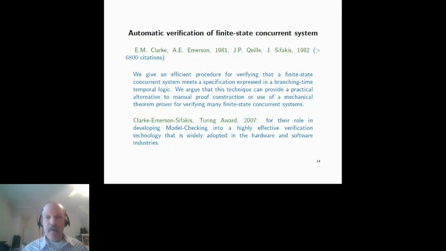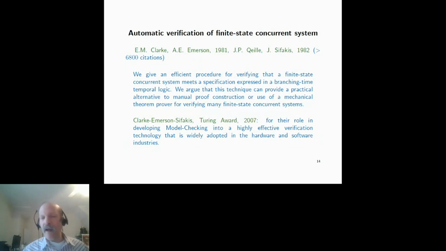This was done independently by Clarke and Emerson in '81 and Queille and Sifakis in '82. Together they have, again, a large number of citations. In this paper, they give effective procedures for verifying that finite-state concurrent systems meet specifications expressed in branching-time temporal logic. They argue that this technique can provide a practical alternative to manual proof construction or the use of mechanical theorem provers for verifying many finite-state concurrent systems.